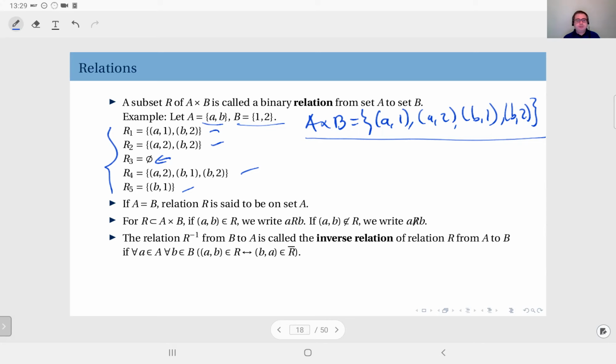Now, if the two sets A and B are the same set, instead of saying the relation is from A to A, we just say on A. Okay, relation on set A. And if an ordered pair (a,b) is an element of a relation R, of course, this is the standard notation, but we also have a shorthand notation.